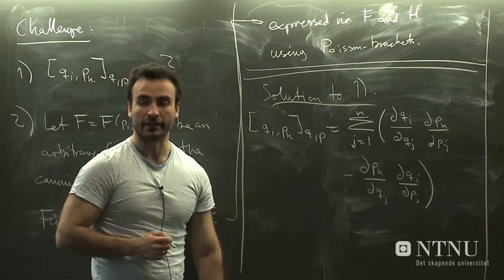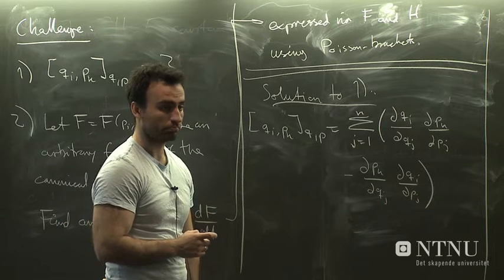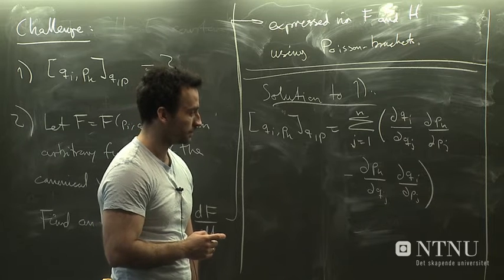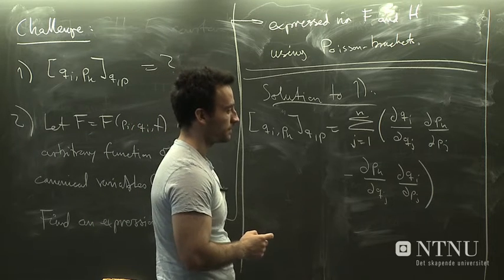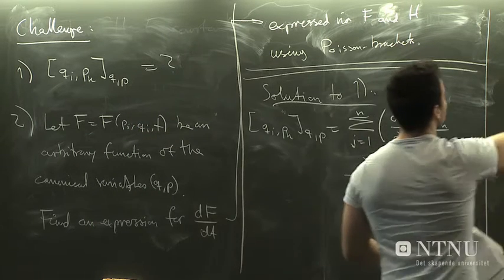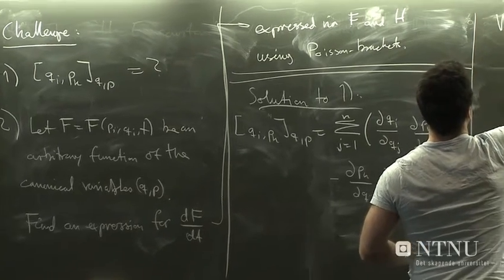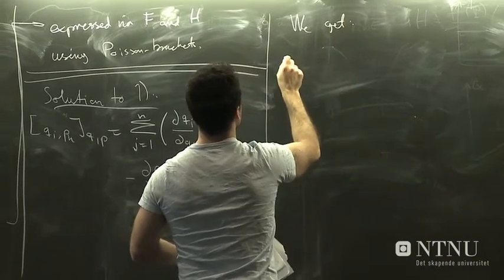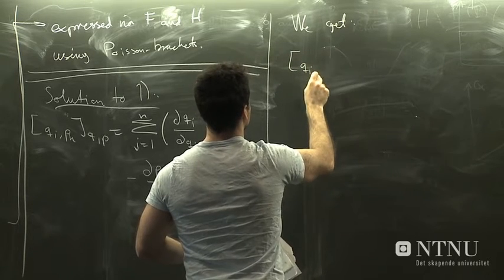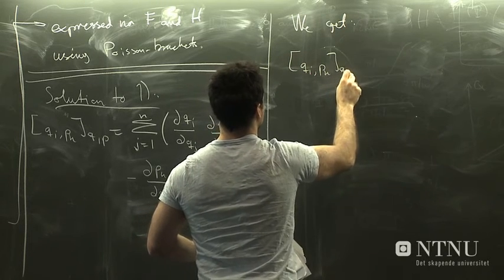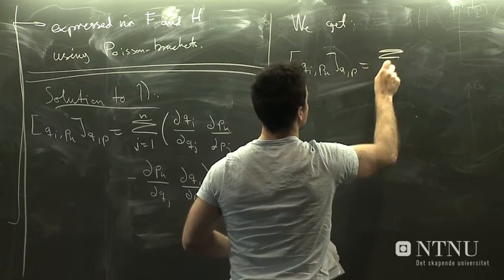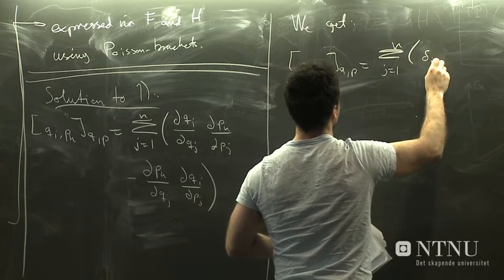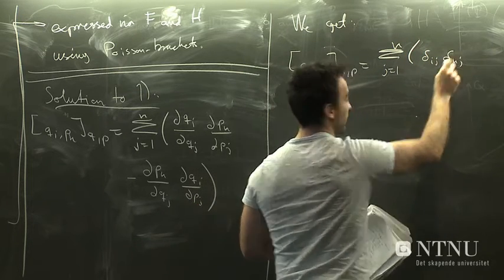Can we make any simplifications here? The partial derivatives in the first term are the Kronecker deltas, delta ij and delta kj.